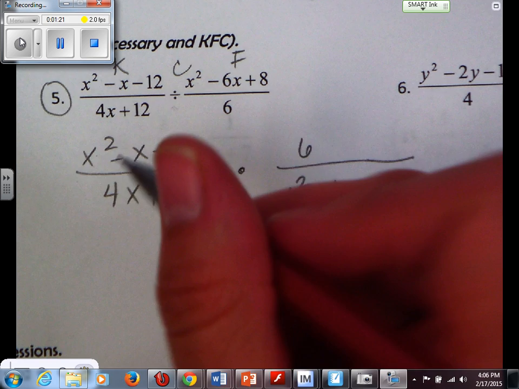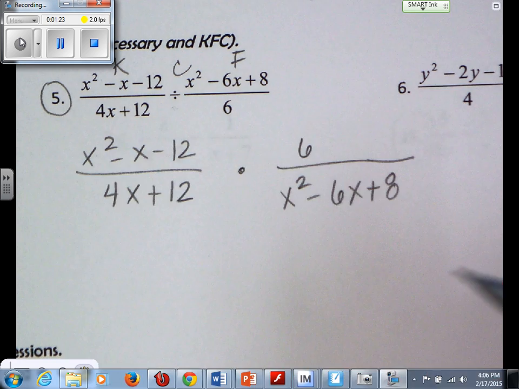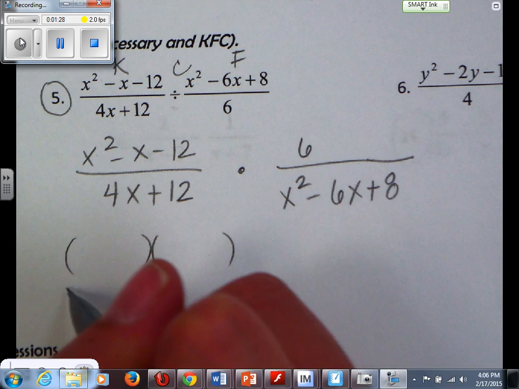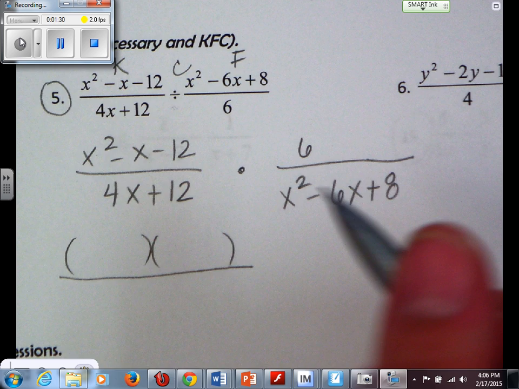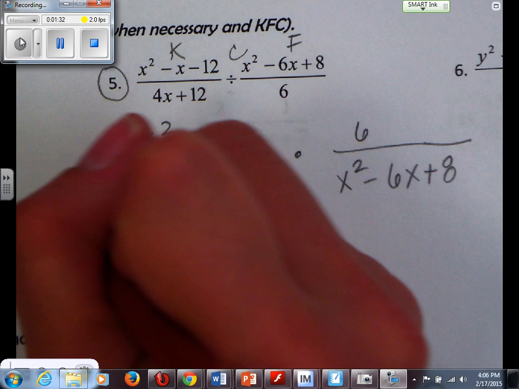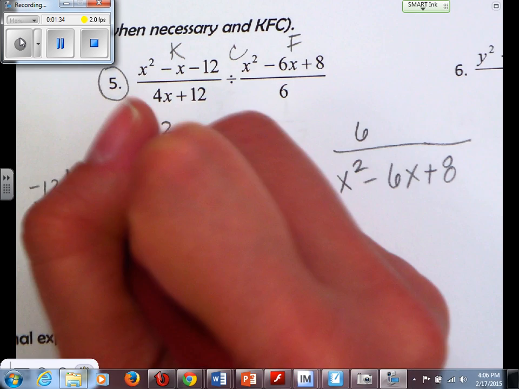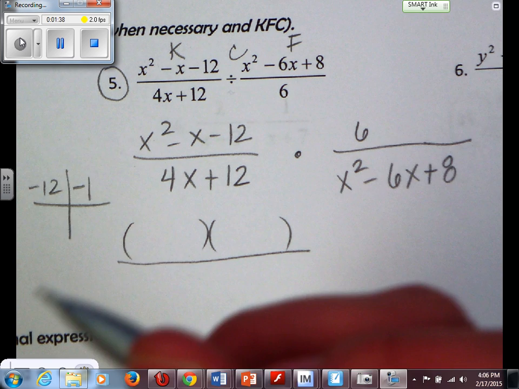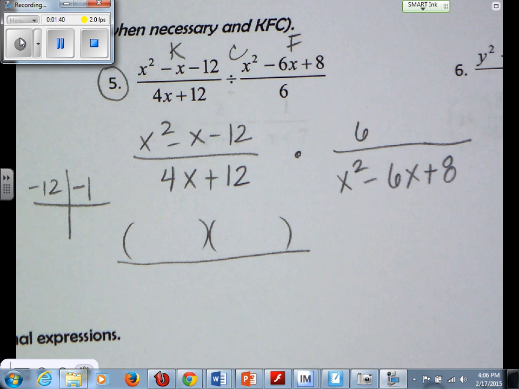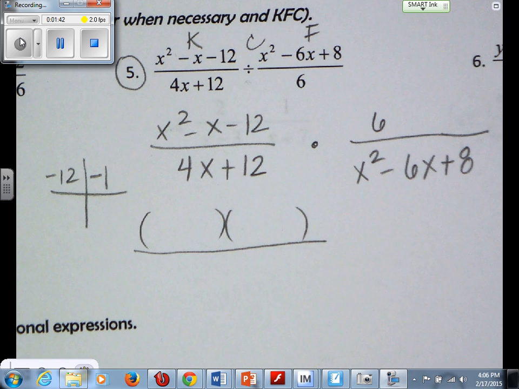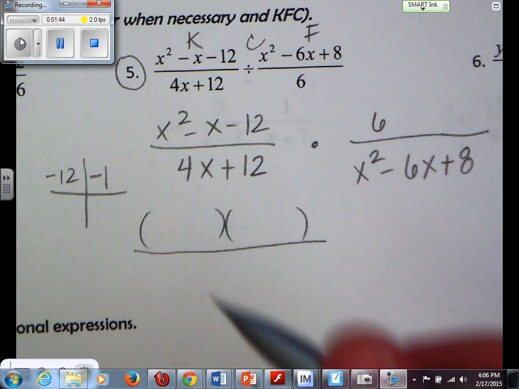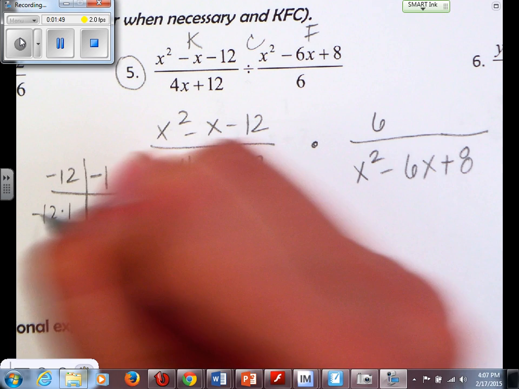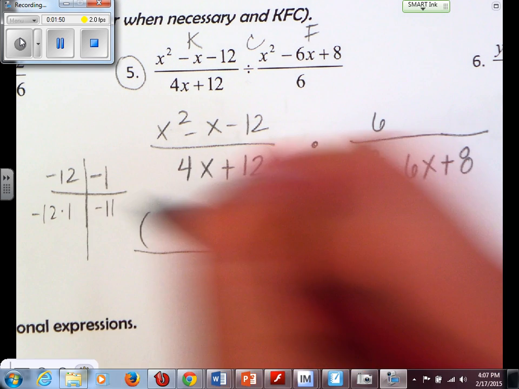The next step, just like we did in our warm-up, is to factor the numerator. What are the factors of negative 12 that add up to negative 1? 12 and 1 would give me negative 11.